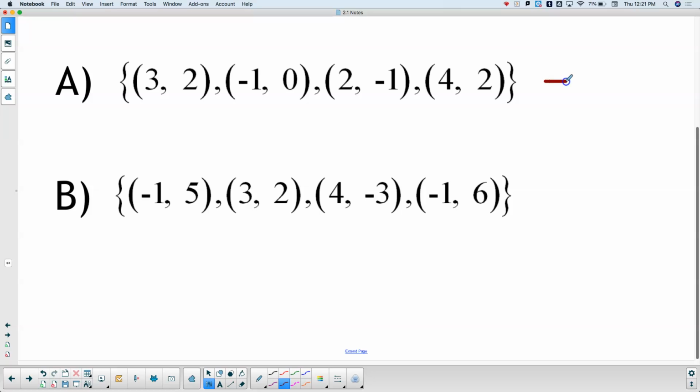So yes, this one is a function. B, function, not a function? Why not? -1 is here and here, so therefore it is not a function. Okay? Just that easy.